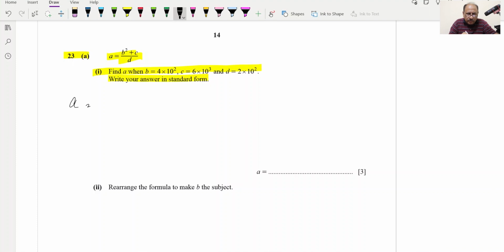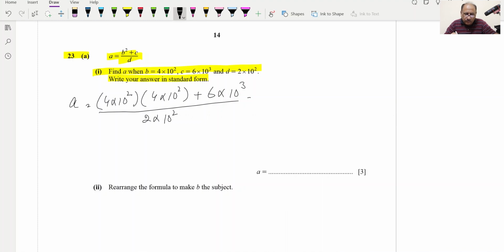A is equal to b square, meaning 4 into 10 raised to the power 2, and we can write the square as this one, and plus next the c value is 6 into 10 raised to the power 3 over this will be d, and d is 2 into 10 raised to the power 2, and now we can multiply 4 into 4 will be 16 into 10 raised to the power 2 plus 2 will be 4, or directly basically we can take the square of this, which is 16 into 10 raised to the power 4.